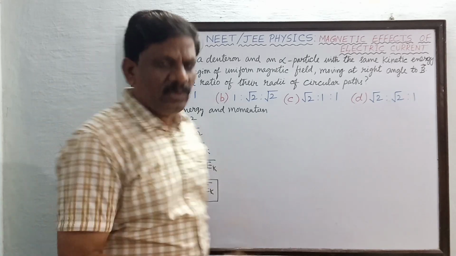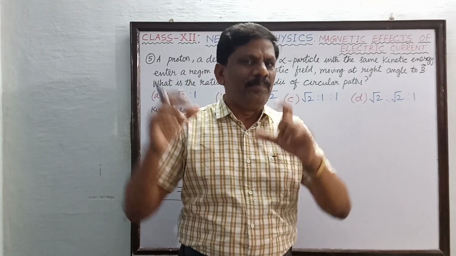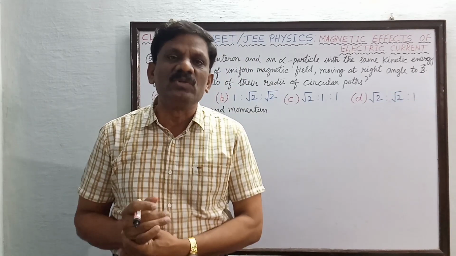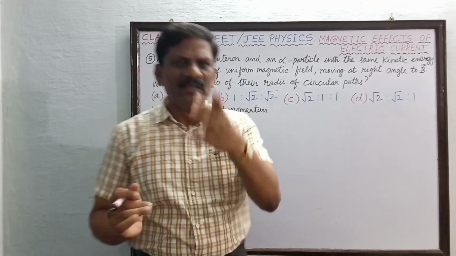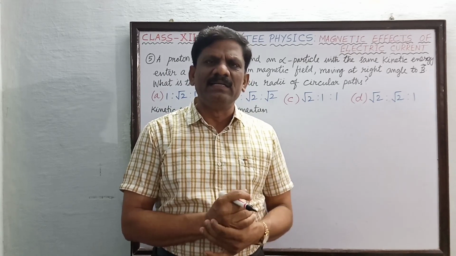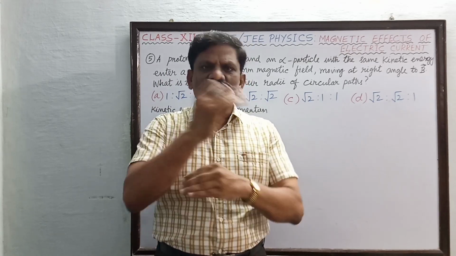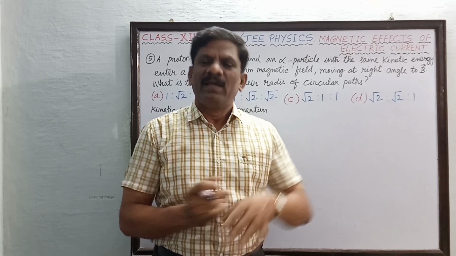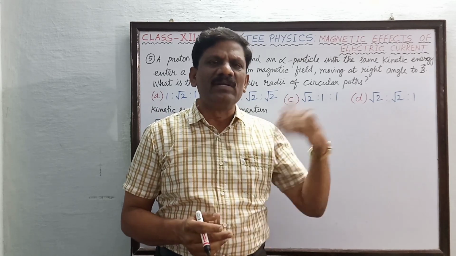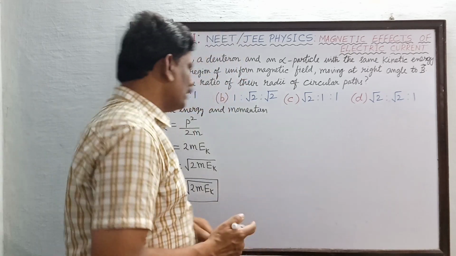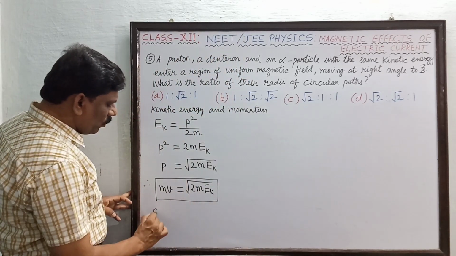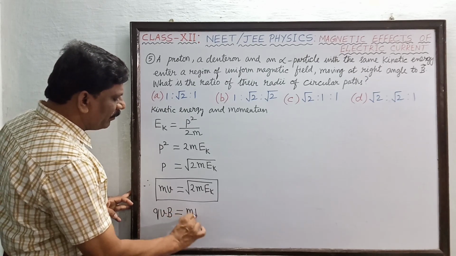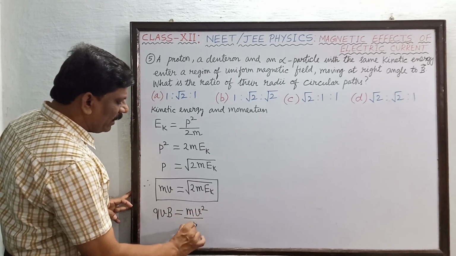Now you tell me what will be the path of the charged particle when it moves at right angle to the magnetic field. It will be clearly circular. When it is moving in a circular path, which two forces do we equate? The magnetic Lorentz force is equal to the centripetal force. So once again, Q V B is equal to m v square by r.